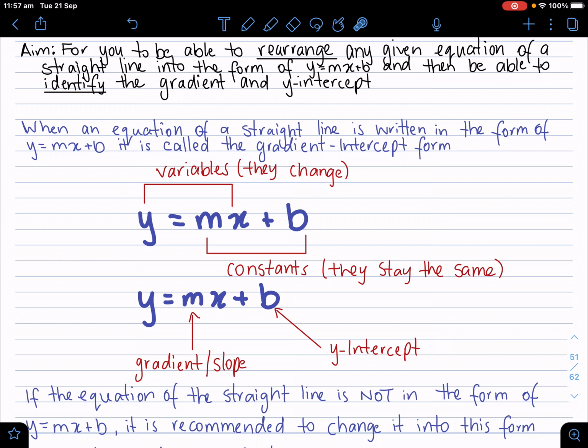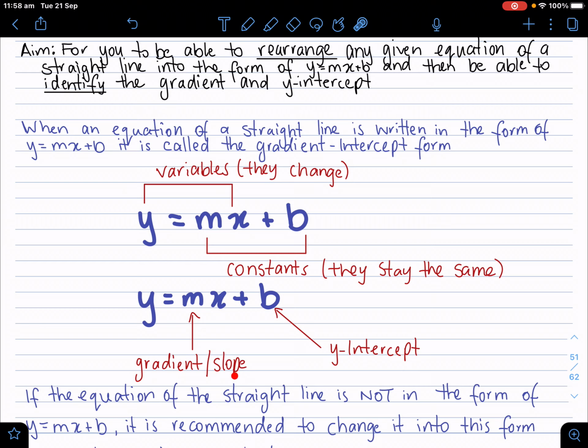So what is gradient and y-intercept and all those words I was using before? Well, let's go into just y equals mx plus b and say, okay, if we know that y and x are variables or things that change, well, m is a constant. And m in the gradient intercept form refers to the gradient or slope.